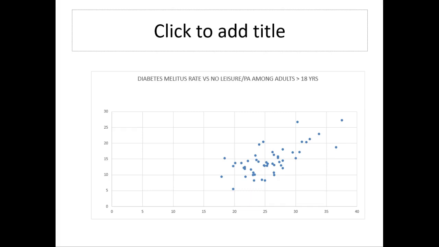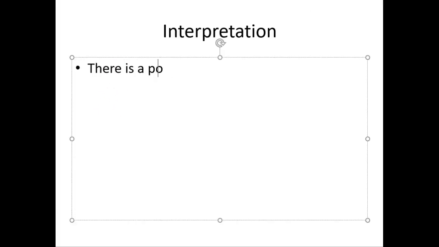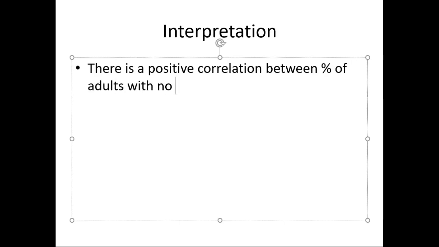So here we're seeing a positive correlation. So there is a positive correlation between percent of adults with no leisure activity and rate of diabetes.